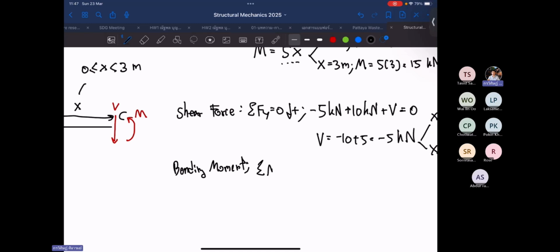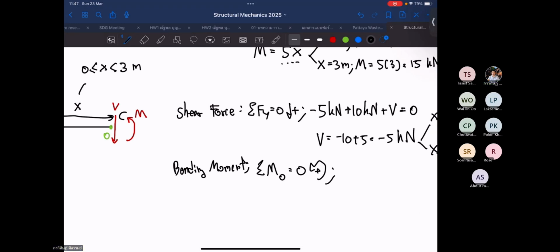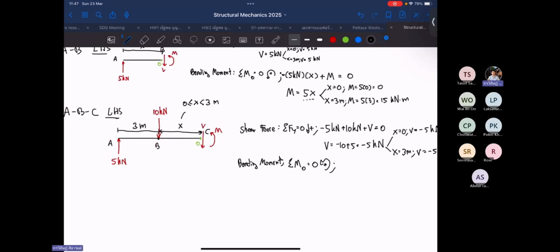Use the same equation, summation of moment at point O equal to 0. Counterclockwise is positive. Starting from the left-hand side, the reaction 5 kilonewton generates the clockwise moment, so it must be minus 5 kilonewton multiplied by the moment arm, which is from this point to this point, so 3 plus x.